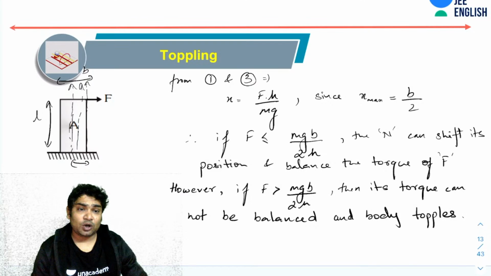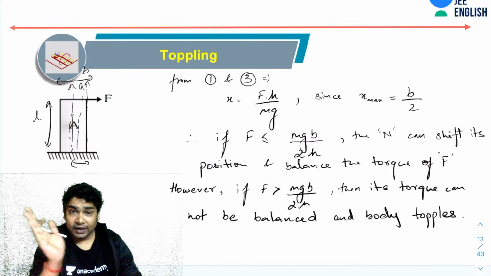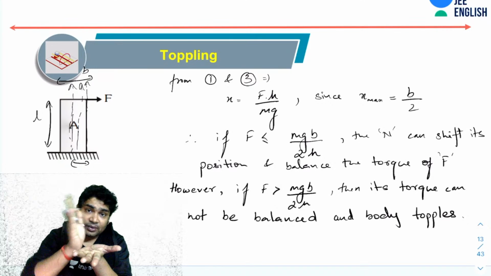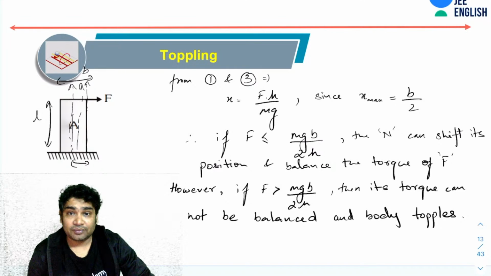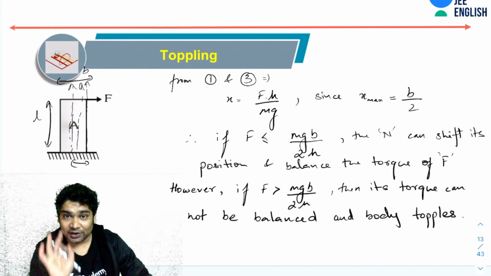Now that is what toppling is. When the body cannot hold its rotatory equilibrium and goes on and falls off. Okay, so that is what you call toppling.